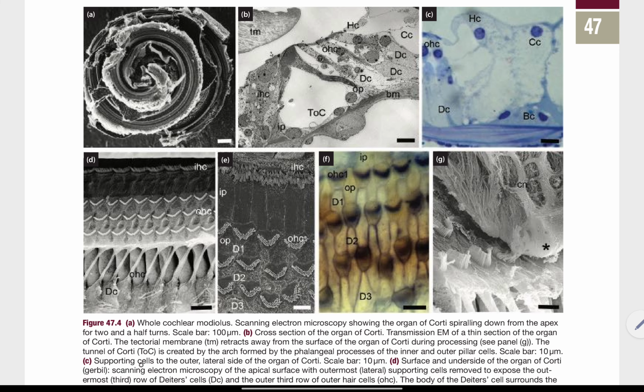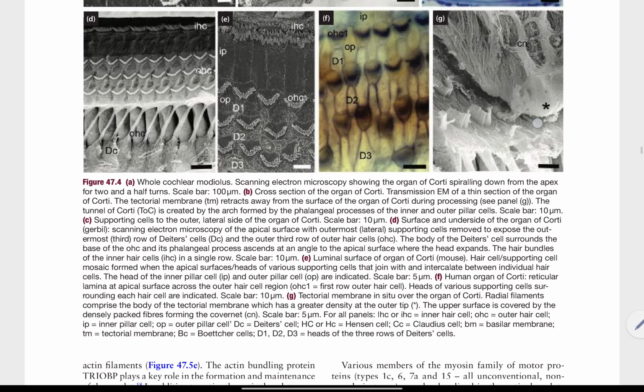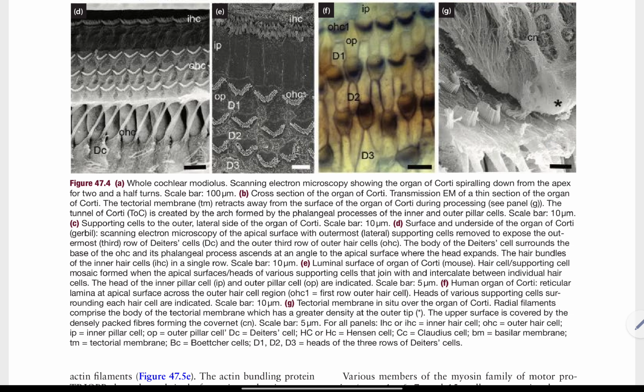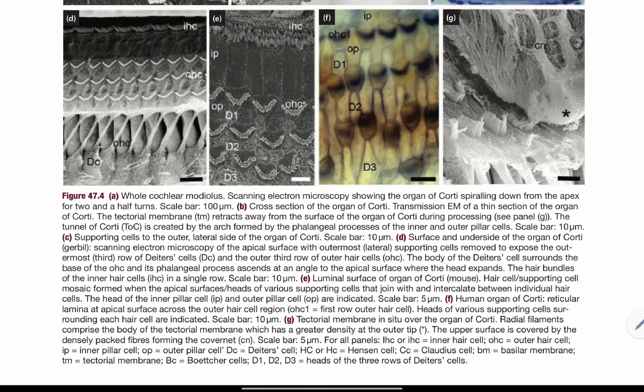C. Supporting cells to the outer lateral side of the organ of Corti. Scale bar 10 μm. D is the surface and underside of the organ of Corti.